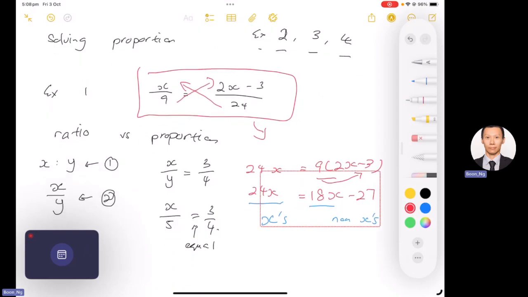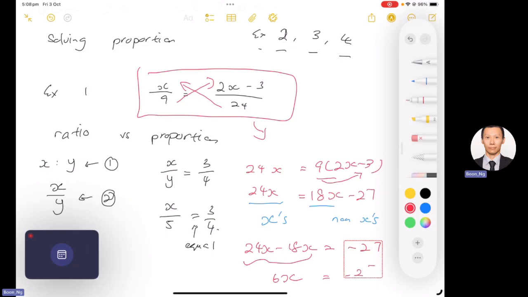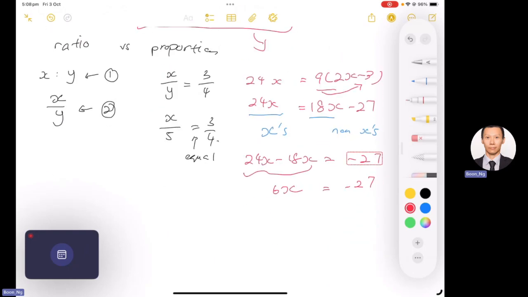Okay, so if we continue on, 24x minus 18x equal minus 27. Combine these two, we get 6x equal negative 27. All right, and then divide by 6 on each side. x is equal to negative 27 over 6.